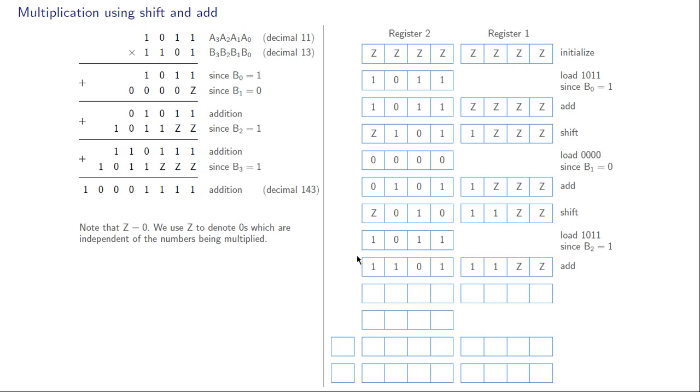Add, shift right, and finally we load 1, 0, 1, 1 because B3 is equal to 1. That is this step here, and then add and shift. So that is our final result, and that is indeed the same as this number here.